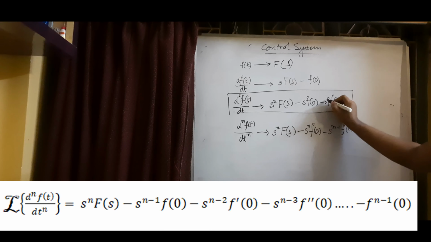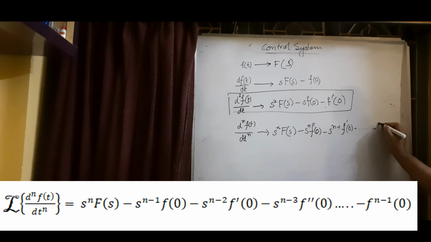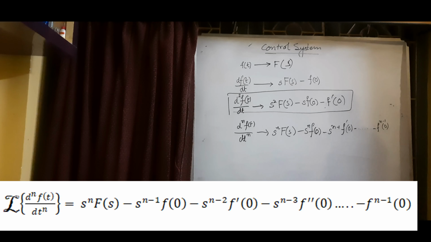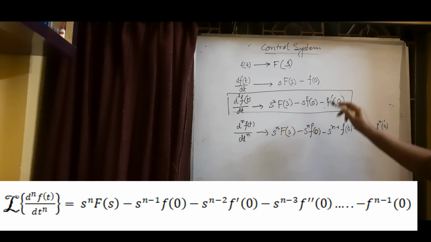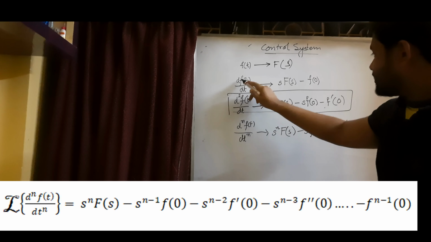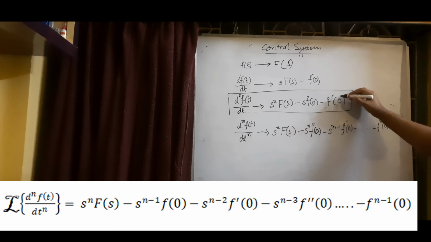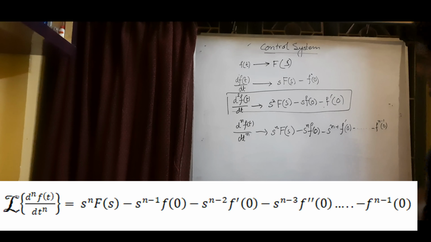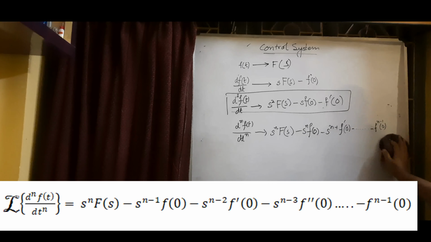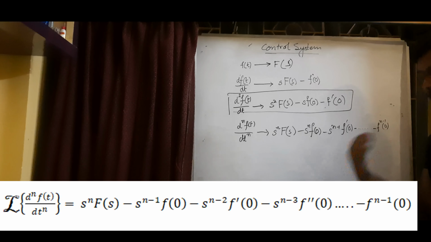Here the coefficient is s to the power 0, that means it is only 1, times f of n minus 1th differentiation of 0. The differentiation order will be 1 less in this position. Here it is 1, so it is 0. Here it is 2, so it is 1. Here it is n, so it is n minus 1. This is the formula. So I will apply this formula to make the transfer function.